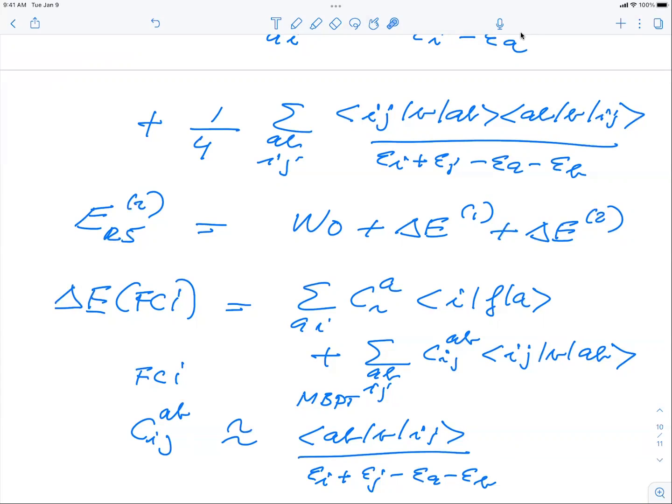If this is a small quantity, adding higher and higher terms is going to give you smaller and smaller contributions. So the strength of the interaction plays an important role. Does the spacing of the single particle energies also matter, if they are very, very close? Yeah. Then this breaks down.